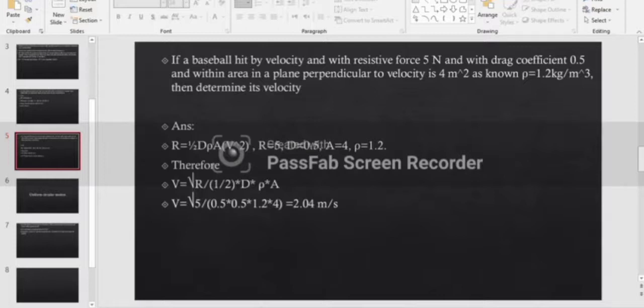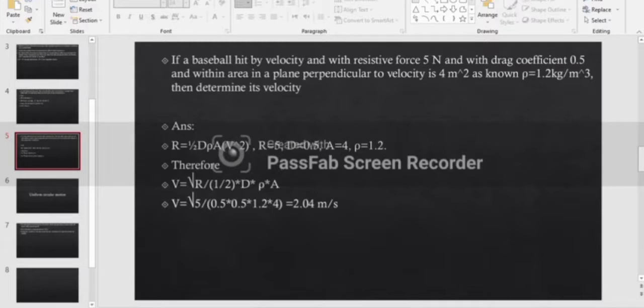This means that the object is a spherical object, as we said that D equals 0.5 for a spherical object, and with an area in a plane perpendicular to velocity of 4 square meters. And as known, the density of air equals 1.2.